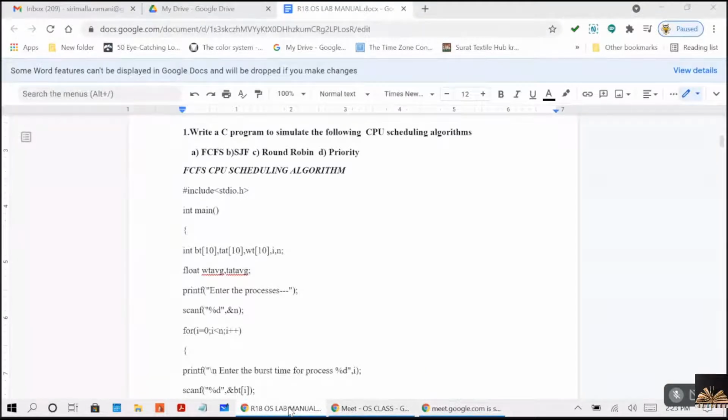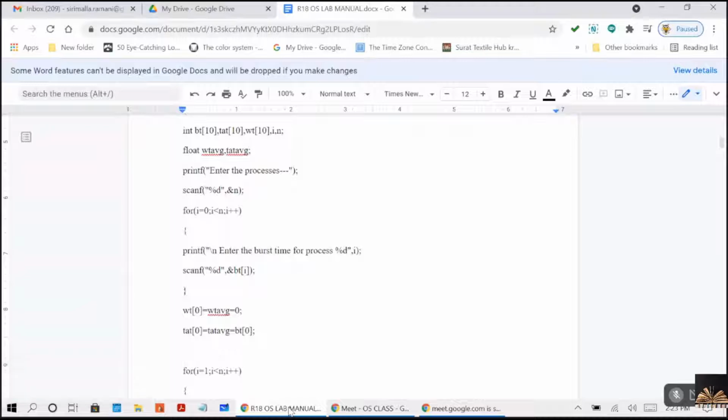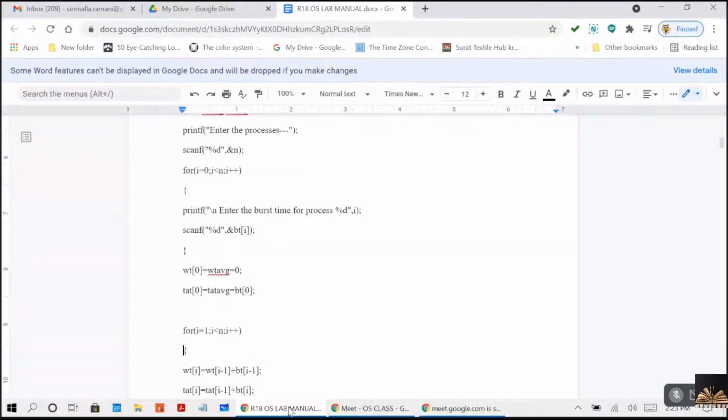We print a prompt to enter the number of jobs, and after that we enter the burst times for the jobs. Initially, for the first job we take the waiting time as 0, and the turnaround time equal to its burst time.